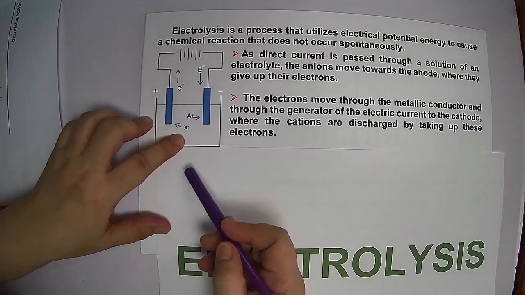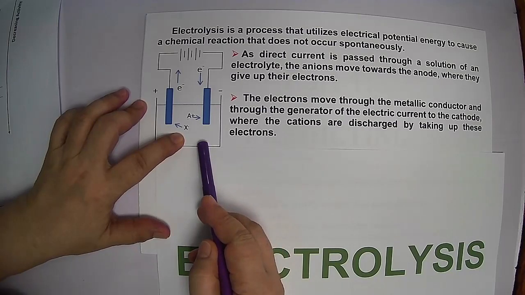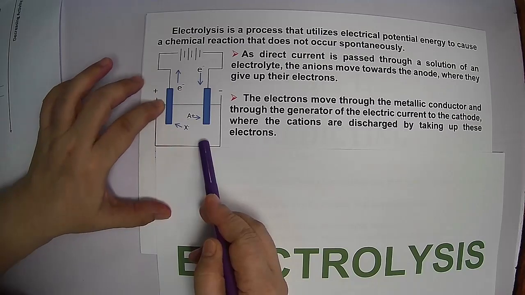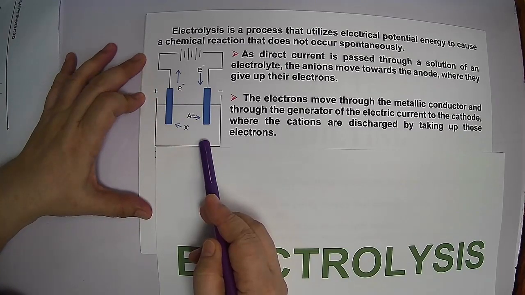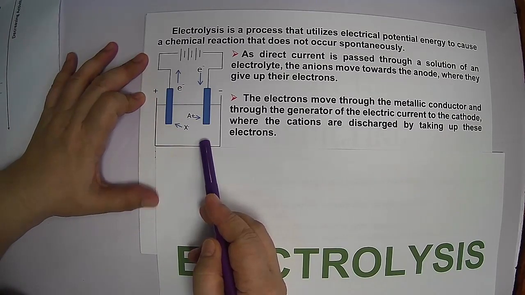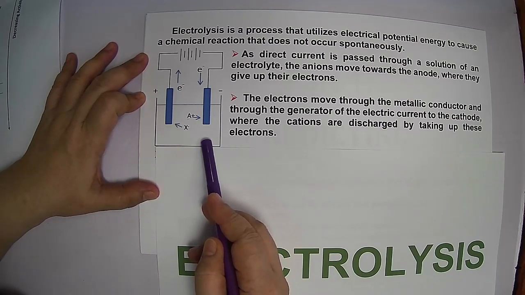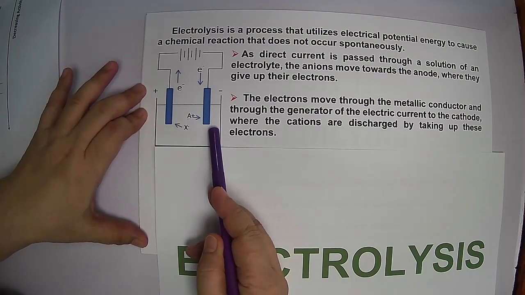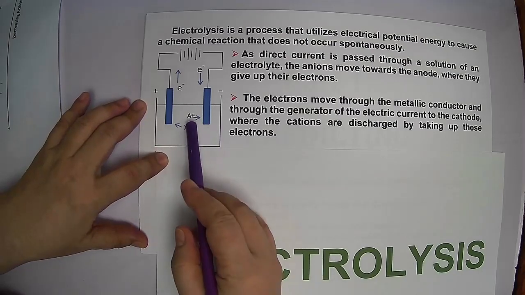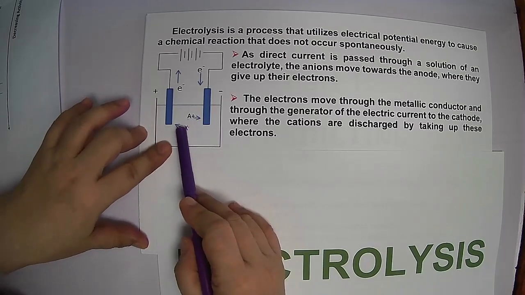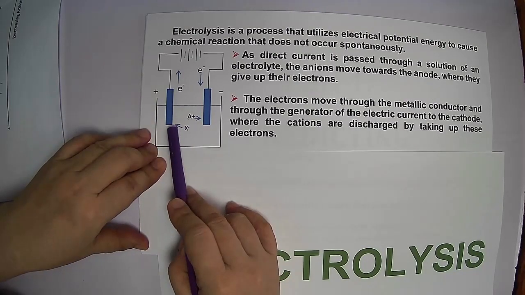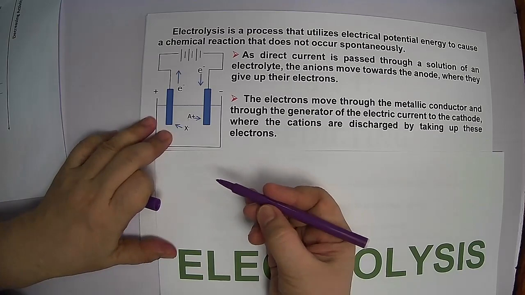So in this case, the anion X here will give up electron to undergo oxidation. Remember, we have discussed in the first part of electrochemistry, for both electrolytic cell and voltaic cell, the oxidation reaction must take place at the anode and reduction reaction must take place at the cathode. So the anion will move towards the anode to undergo oxidation reaction.